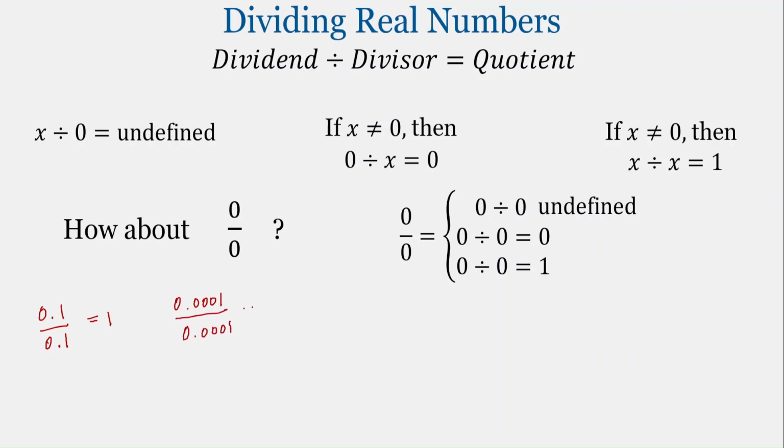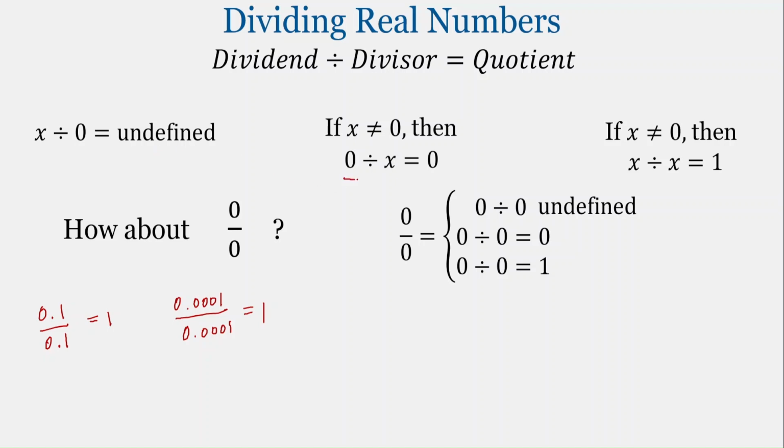Well, that's also equal to 1. So that makes you think, well, maybe 0 divided by 0 is 1. Now, we already said that x divided by 0 is undefined, and there's no conditions here. For all values of x, if you divide by 0, it's going to be undefined.